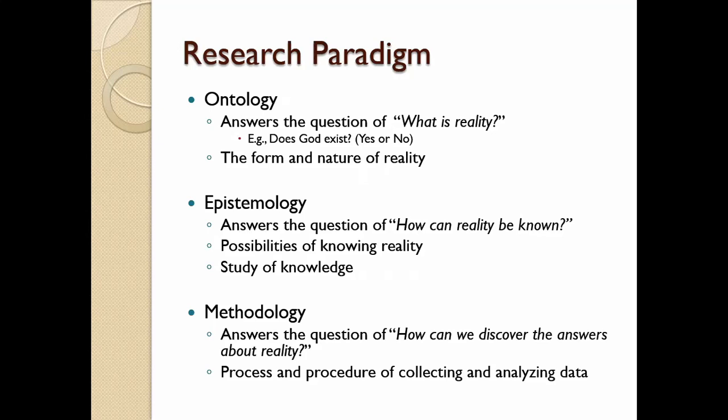Yes or no? Or are there other Earth-like planets out there in the universe? Such kinds of questions. So ontology answers issues to do with the form and nature of reality.